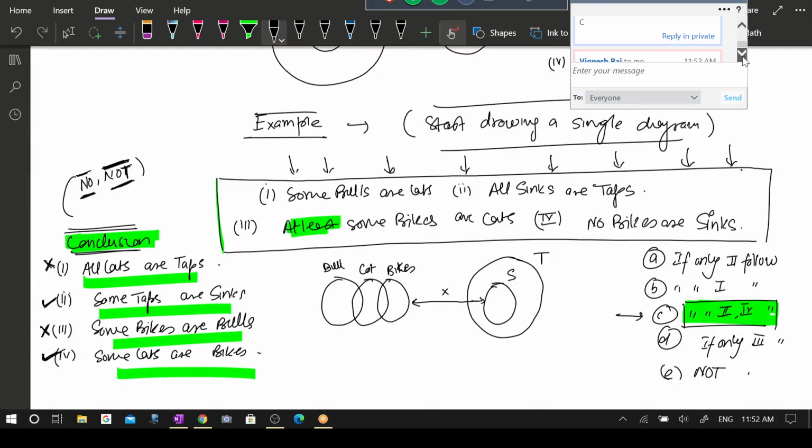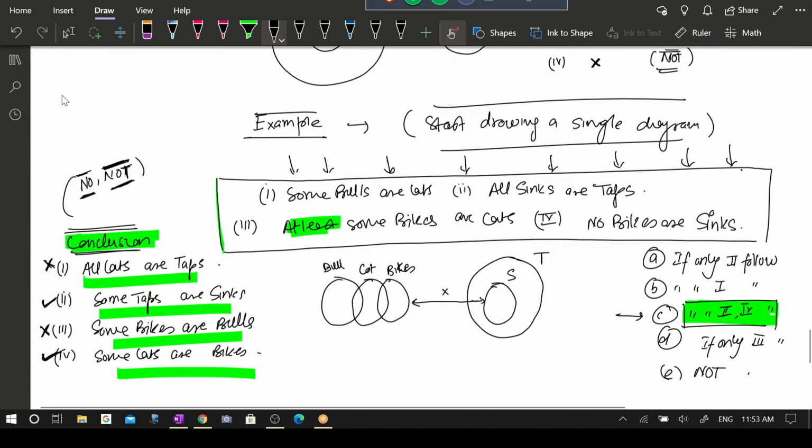Somebody asked me something. Vignesh, sir, isn't conclusion 4 a rewording of premise 3? And that is the reason we would agree with conclusion 4, because we said some A are B implies some B are A, remember?